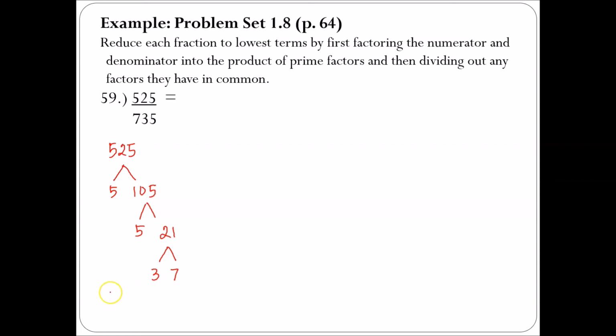So we have 3 times 5 times 5 times 7. That's for 525.